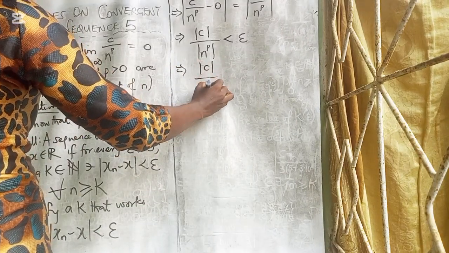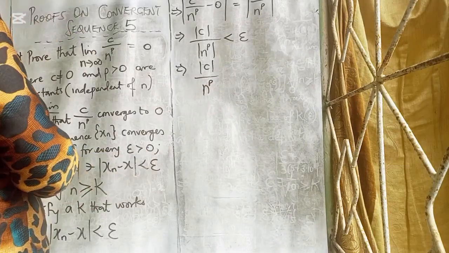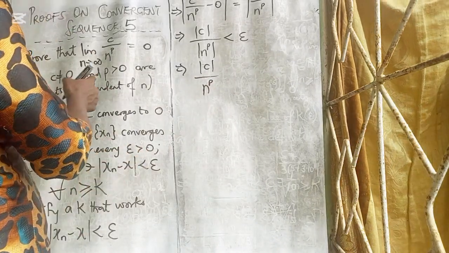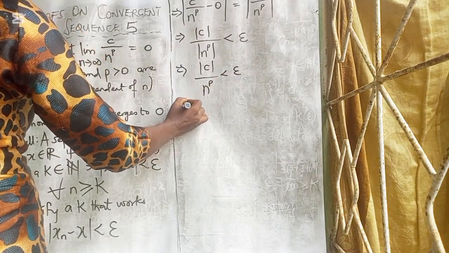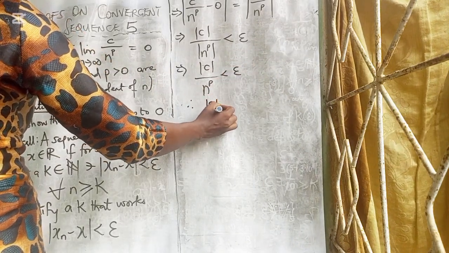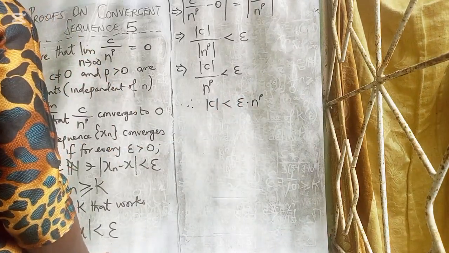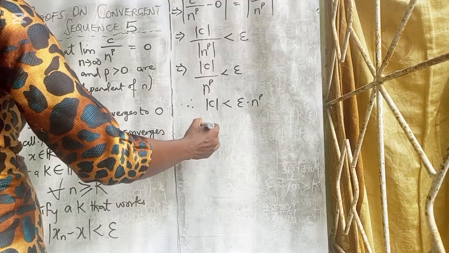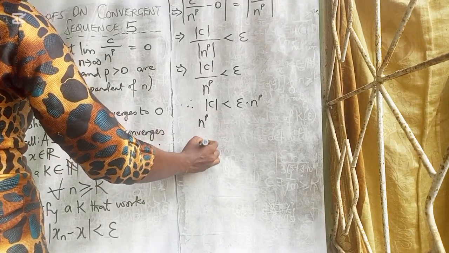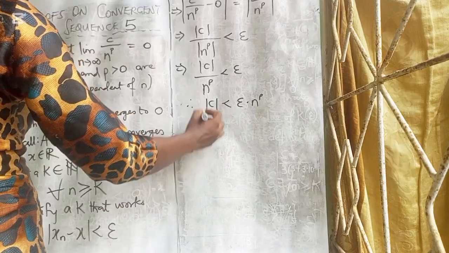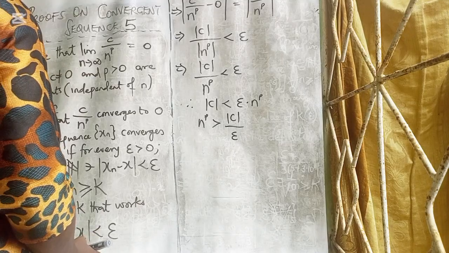We have the absolute value of c over n raised power p. Remember that our p is greater than 0, as we have seen in the question. So this is less than epsilon. Therefore, the absolute value of c is less than epsilon into n raised power p. That means our n raised power p is greater than the absolute value of c over epsilon.